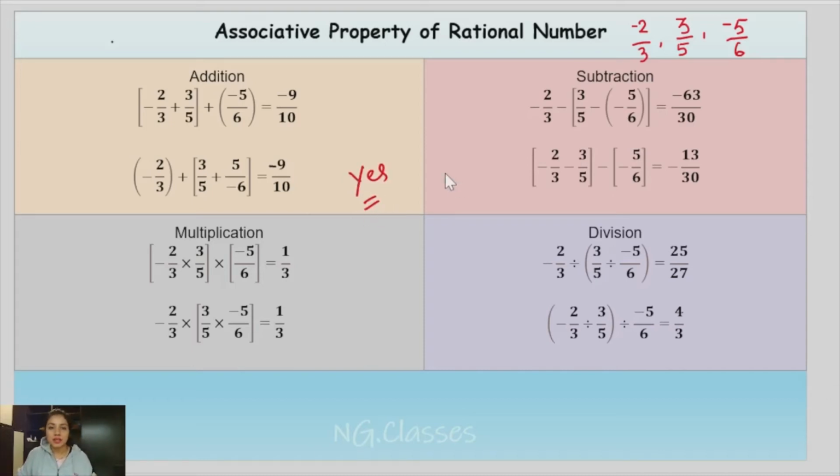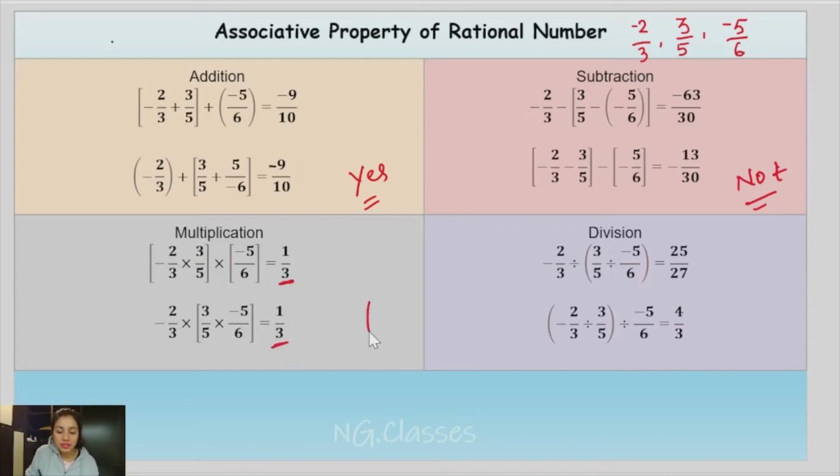addition is associative. Similarly, for subtraction, we get the first one as minus 63 by 30 and the second one we are getting as minus 13 by 30, which is not same. So subtraction is not associative for rational numbers. Similarly, for multiplication, we got 1 by 3 for the first one and for the second one also we got 1 by 3 only.